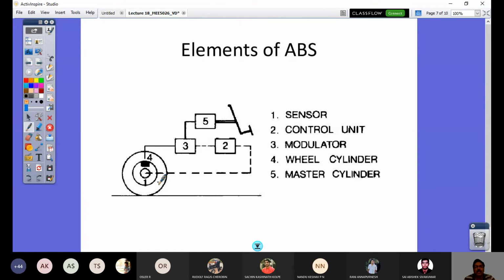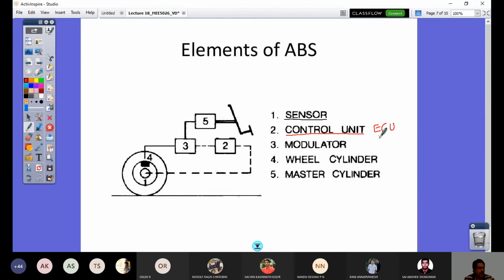There are different ranges of sensors. That's called the pickup sensors, so that you would always be able to monitor the rotational speed of the wheel. That's how the sensor works. So what does the sensor do? The sensor picks the speed, and that is being sent to this unit 2, what is called a control unit or electronic control unit, ECU.